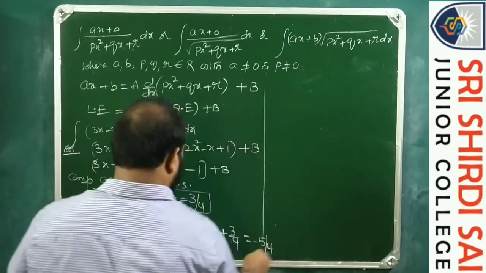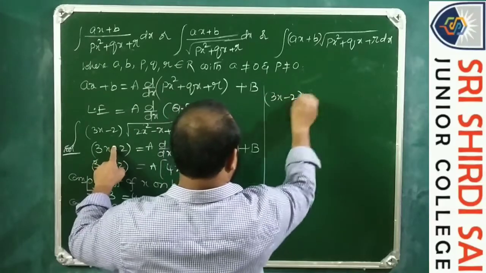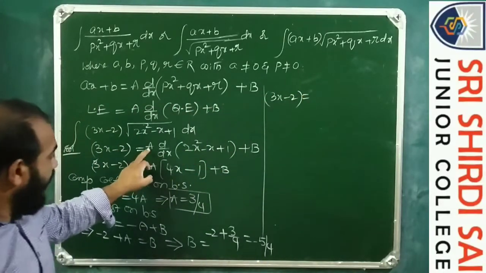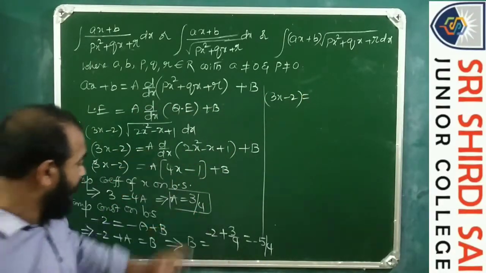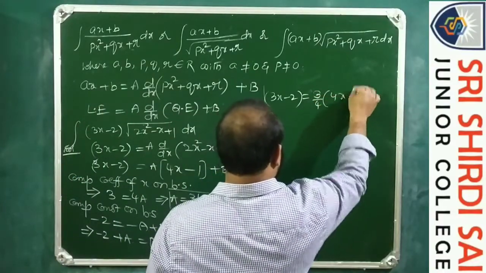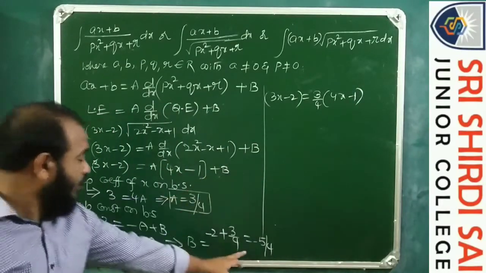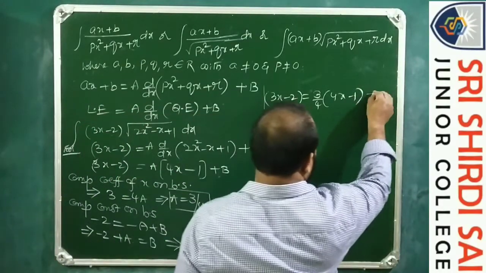So 3x minus 2 is equal to, the value of A is 3 by 4, so 3 by 4 into (4x minus 1), plus B value is minus 5 by 4.